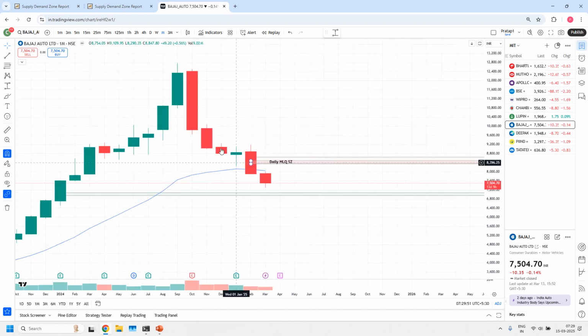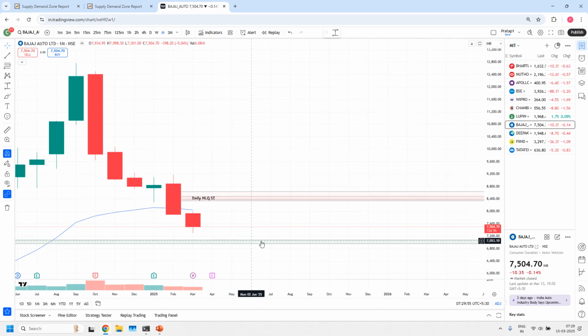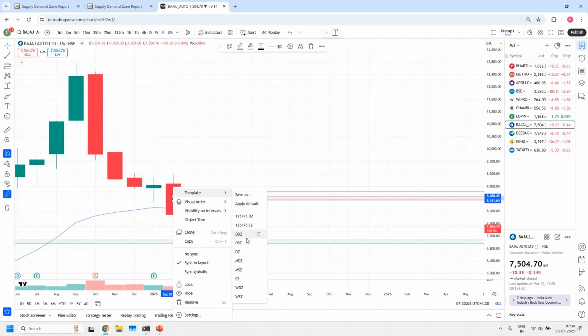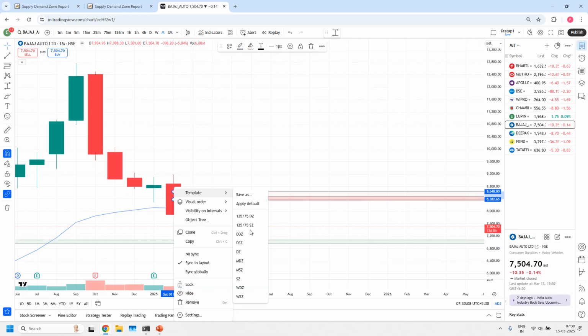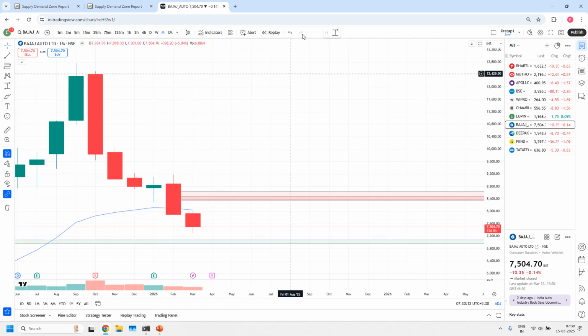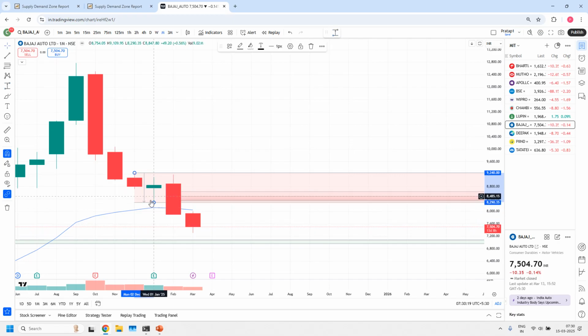See here, we have a drop, 2 base candles and a drop candle. Let me increase the thickness, color thickness. This is a daily supply zone. This is a weekly supply zone. Okay, and this is the monthly supply zone. We have a drop, 2 base candles and drop.